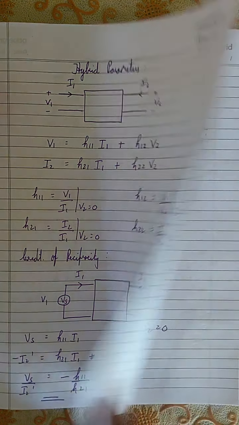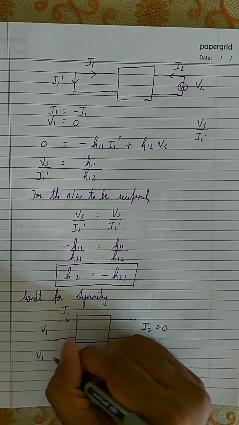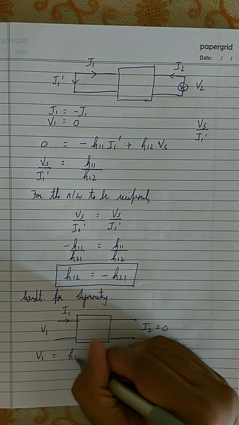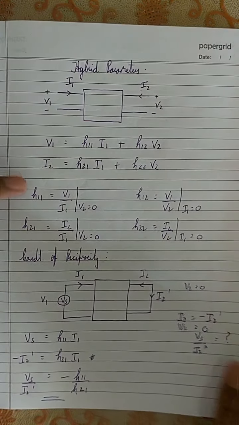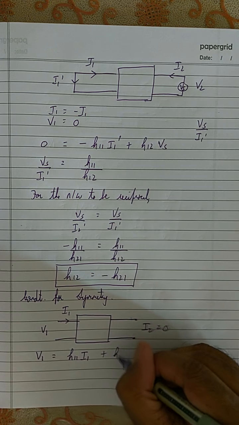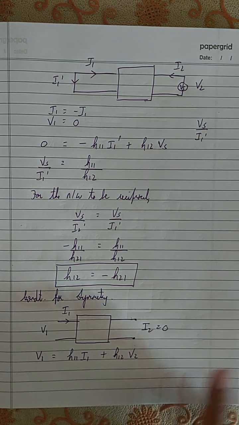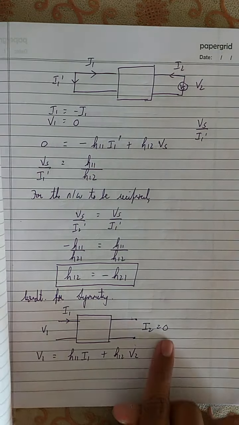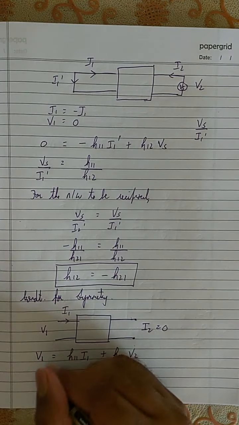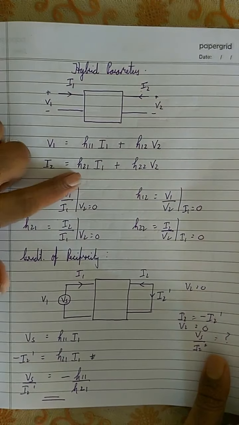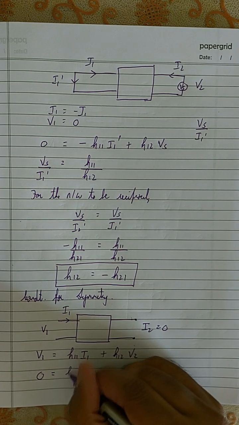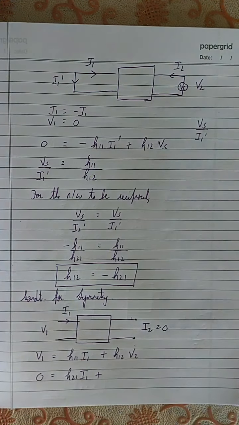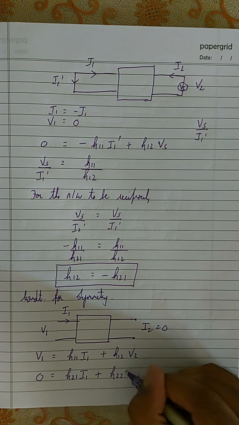So in that case, substituting these values over here, I will get V1 is equal to H11 I1 plus H12 V2, because there is no equation for expressing any of these parameters, so this will remain the same. Over here I2 is equal to 0, so this becomes 0 is equal to H21 I1 plus H22 V2.